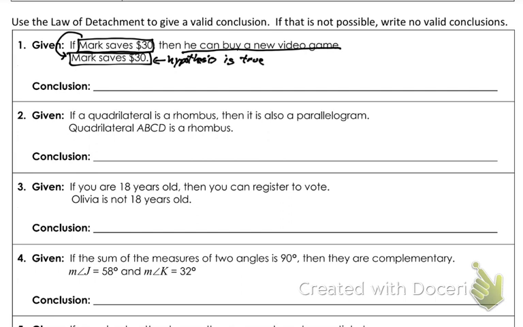It says if he can save $30, then he buys a new video game. He did save the $30, so Mark will buy a new video game. Mark can buy a new video game. Let's just call it VG.